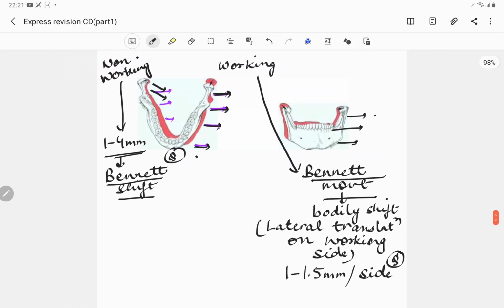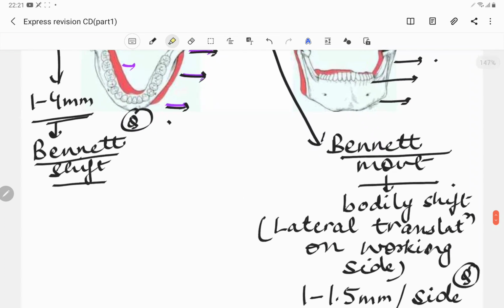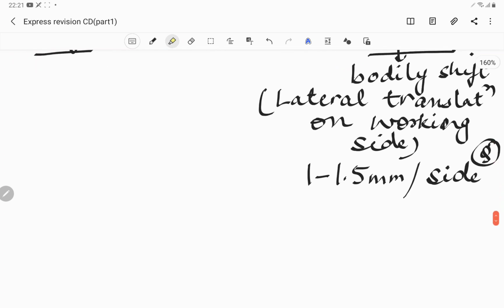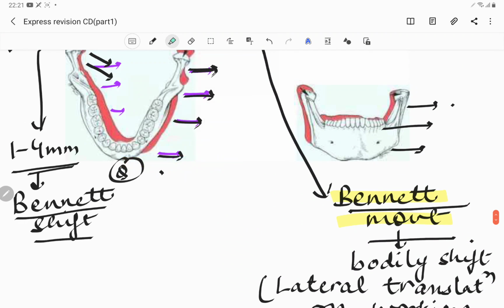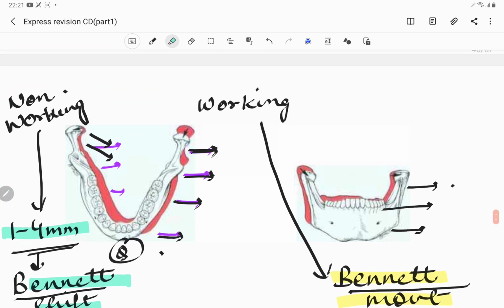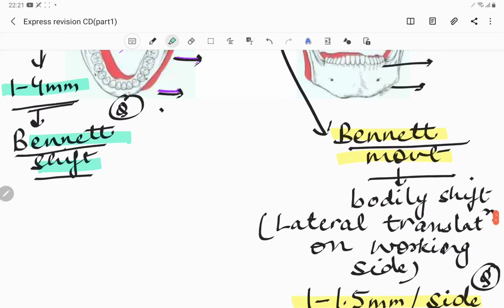The Bennett shift is 1 to 4 millimeter on the non-working side.